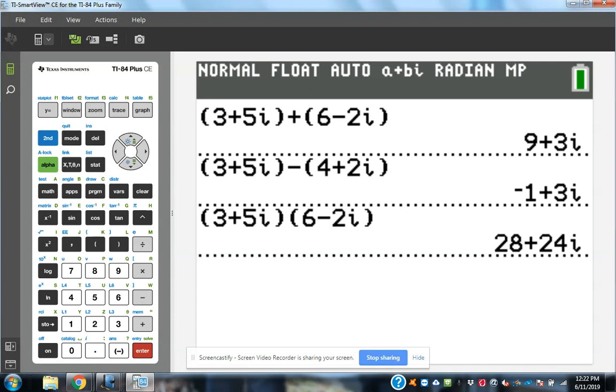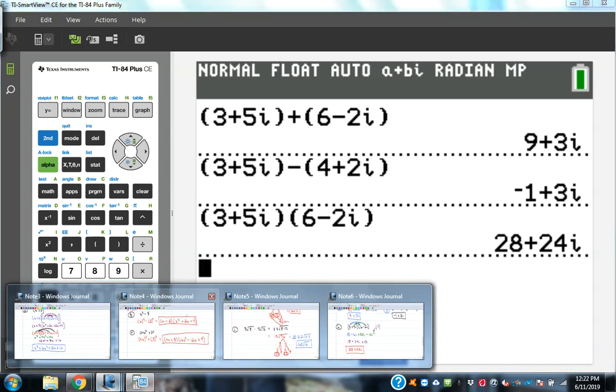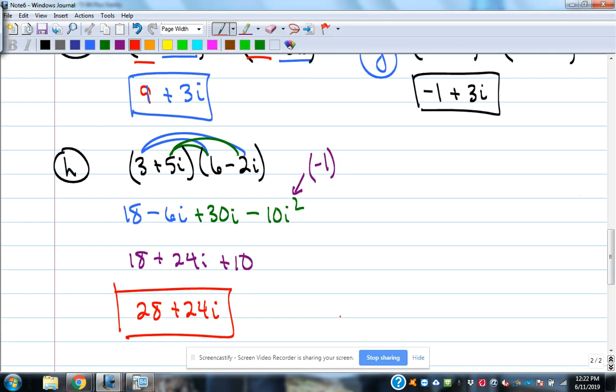I'm absolutely fine with you doing it with the calculator as far as the operations with the complex numbers. I'm not going to ask you to show me how you got there. Multiplying two complex numbers, you are absolutely welcome to do it with the calculator. If you want to do it by hand, that's fine too. But I'm not saying you have to at all.